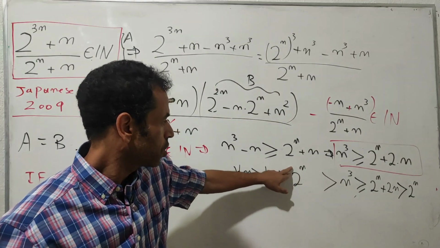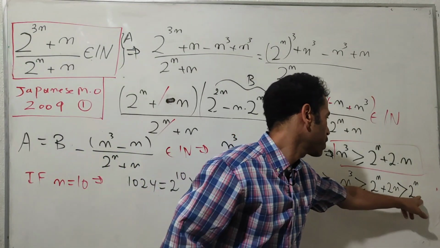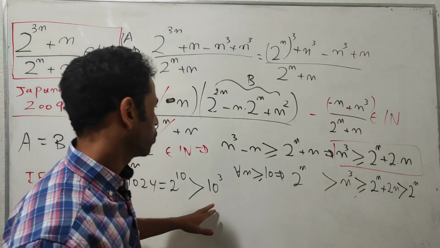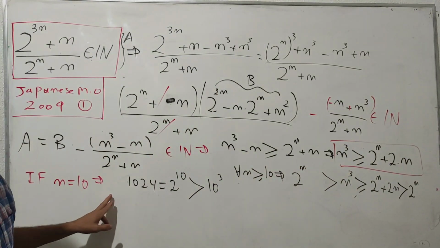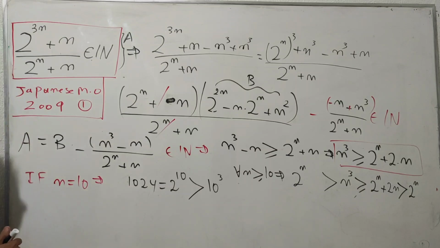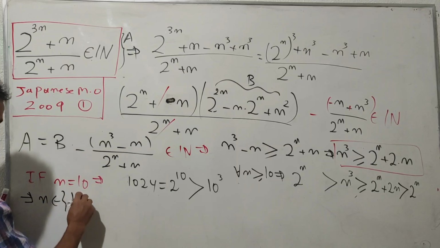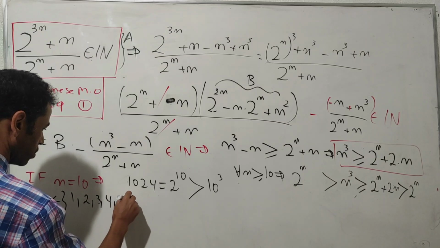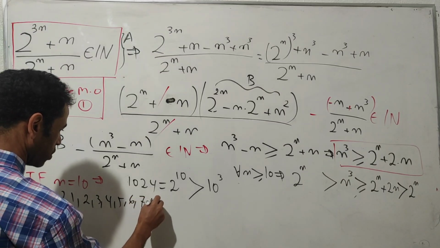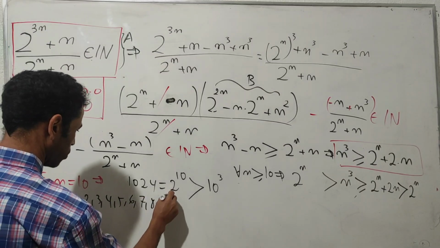It's impossible to have 2 to the n bigger than 2 to the n, which means this one doesn't hold when n is greater than 10. So we have no solution above this point. So n must be in this set: 1, 2, 3, 4, 5, 6, 7, 8, 9.